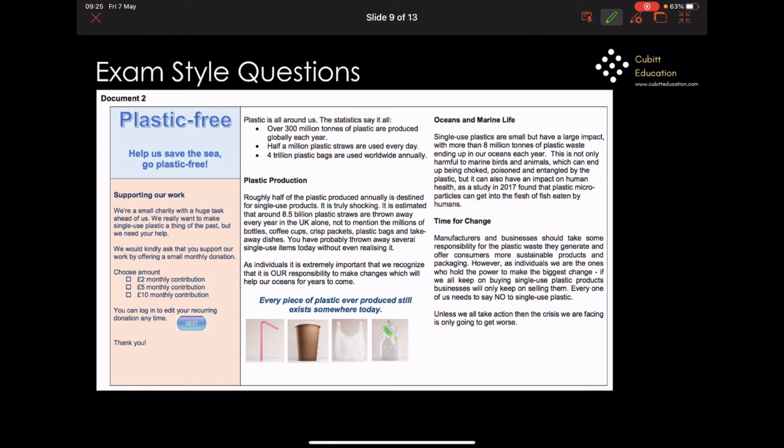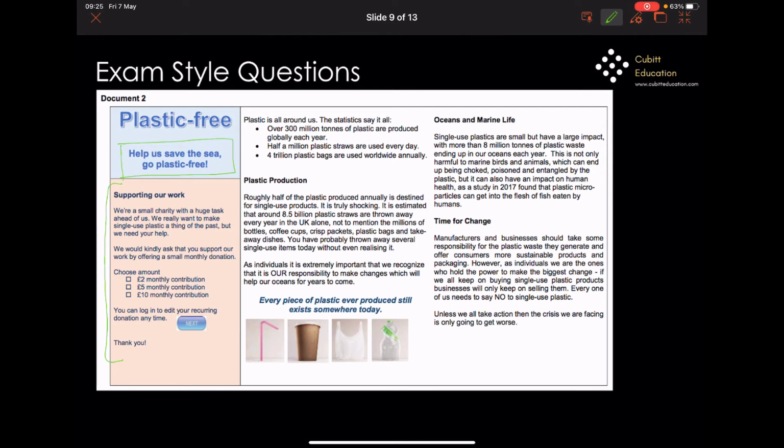Plastic free, help us save the sea, go plastic free. Already, that's quite good. So we've also got here on this leaflet a supporting our work section where you can donate, saying that we're a small charity with a huge task ahead of us.